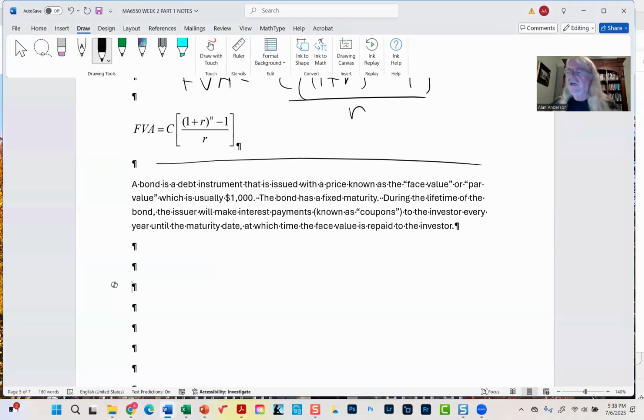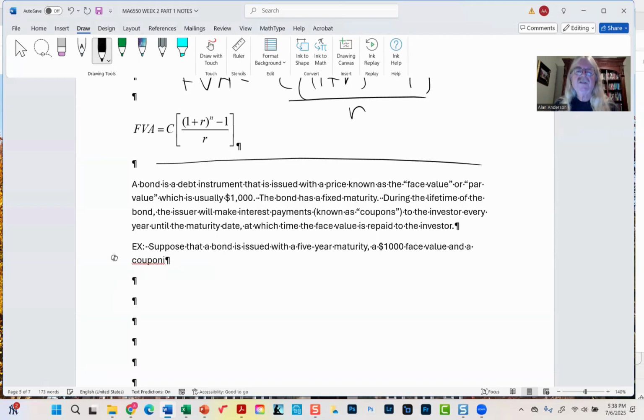Okay, so in other words, let's just make up a very quick, simple example. Suppose that a bond is issued with a 5-year maturity, $1,000 face value, and what's called a coupon rate of 6%.